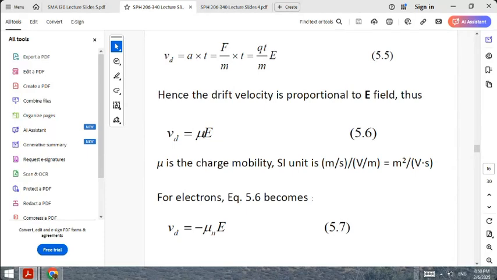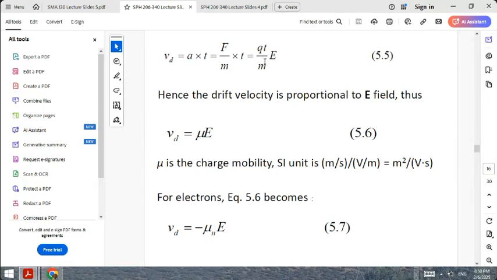If I make mu the subject of the formula, mu has units of v divided by E. The unit of velocity is meters per second, and the unit of electric field is volt per meter.